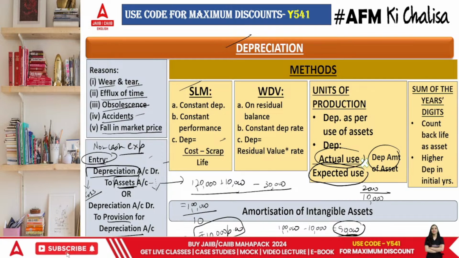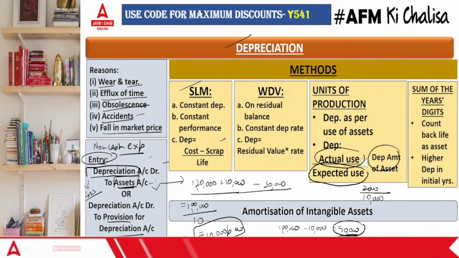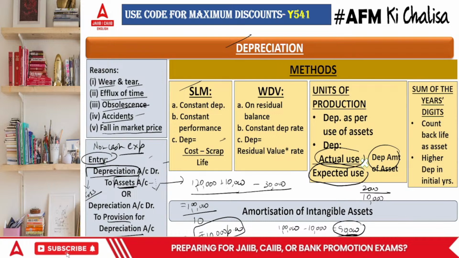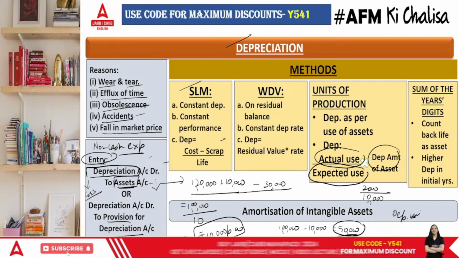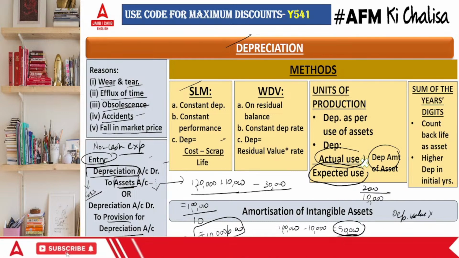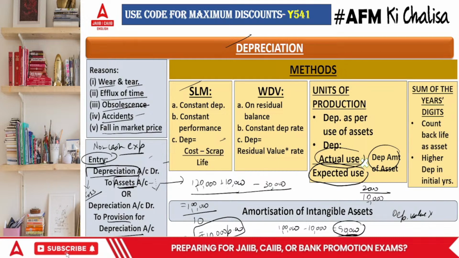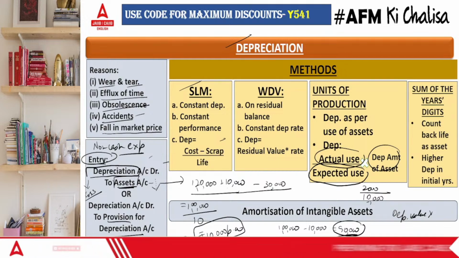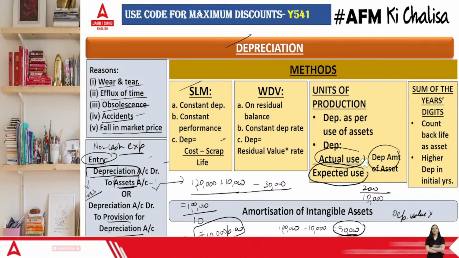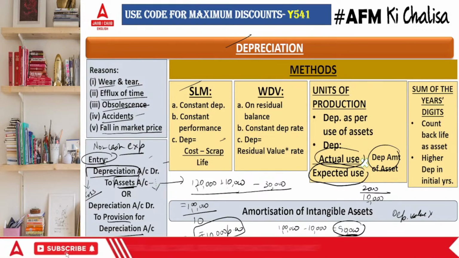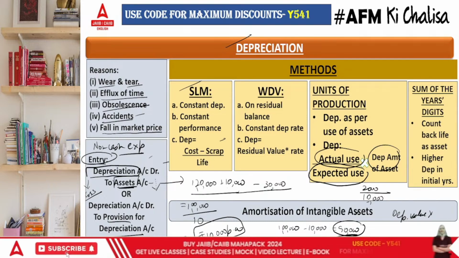Next method is called the sum of years digit method. Under this, you take your depreciable value and how many years are left. If I use it for 5 years, then how many years are left when we talk about the first year? Then 5 are left, then 4 are left, then 3 are left, then 2 are left, then 1 is left.